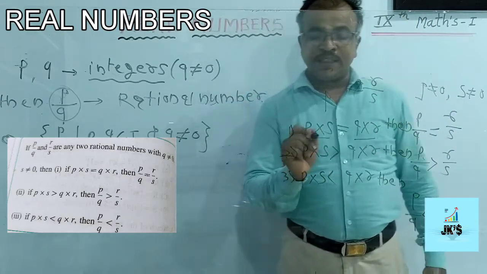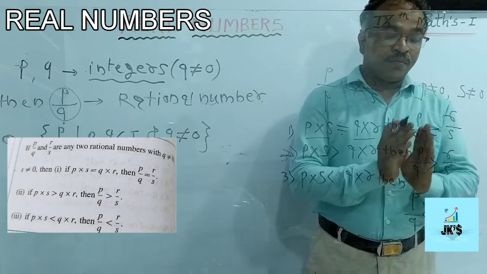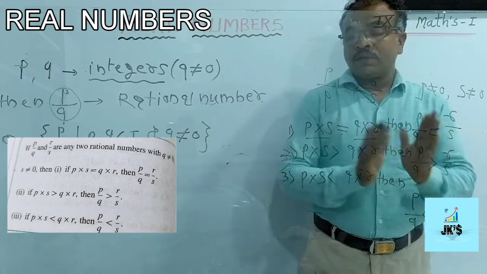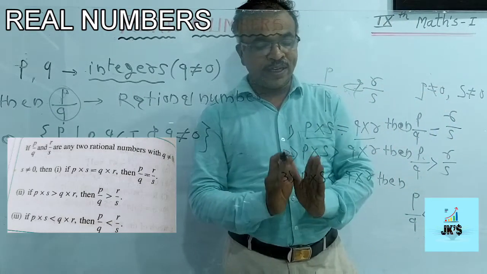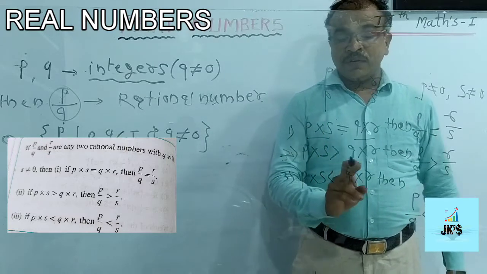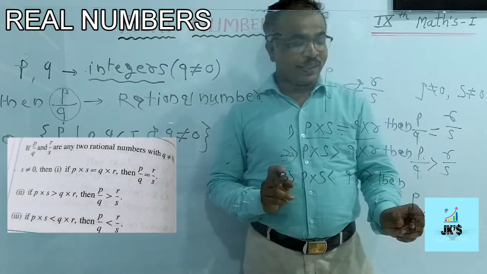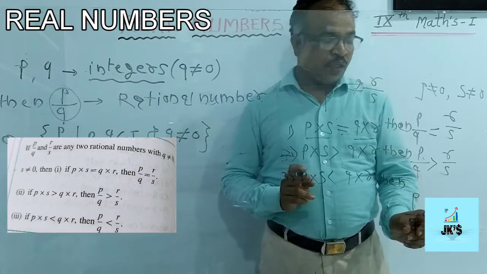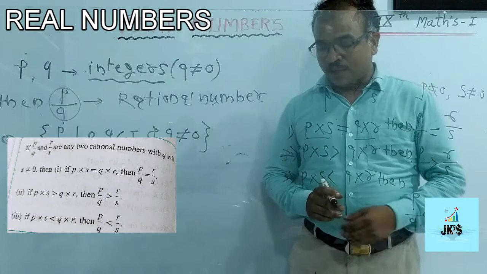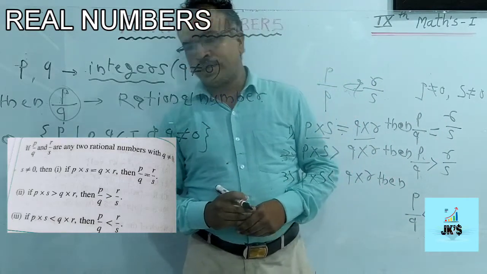If the first product is greater than the second, then the first rational number is greater than the second. If the first product, that is p into s, is less than q into r, then the first rational number p upon q is less than r upon s. This is the order relation between the rational numbers.